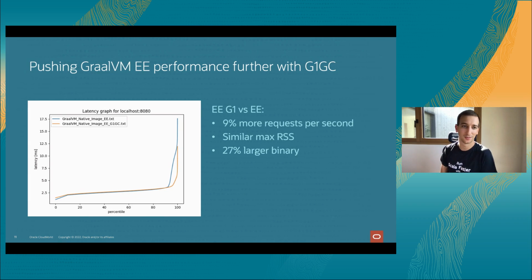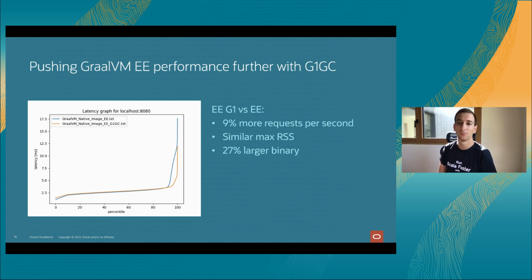And even the max latency is around 10 milliseconds, which is not more than 4x the best latency. This is within reasonable bounds. And if we look at the throughput, it goes up by 9%, just because of all this time that we do not stop the world in the regular GC.